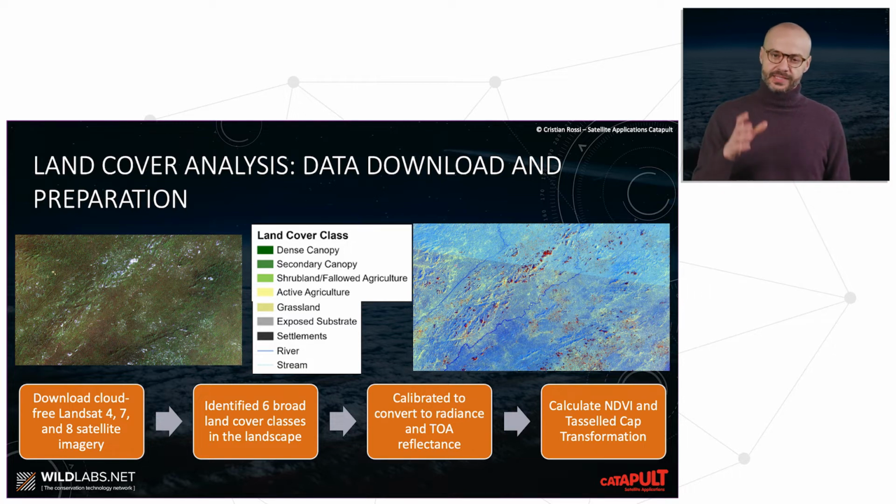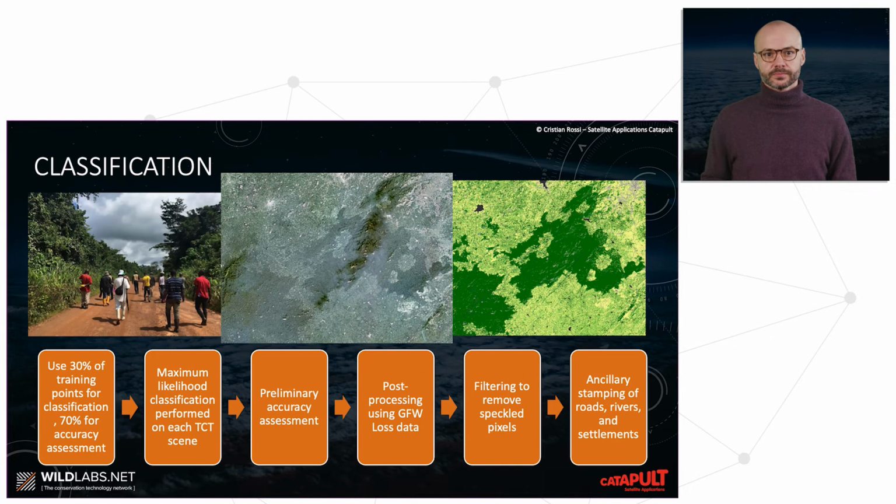As I explained, a process that is typically done with optical remote sensing is to transform radiance to reflectance, and that's done within this project, alongside calculating different products such as the NDVI. Again, we can refer to a previous video.